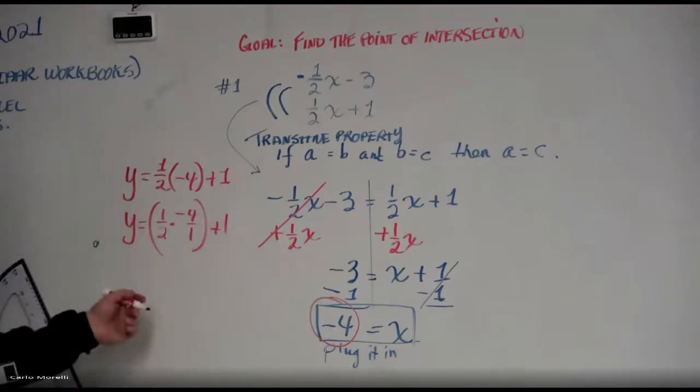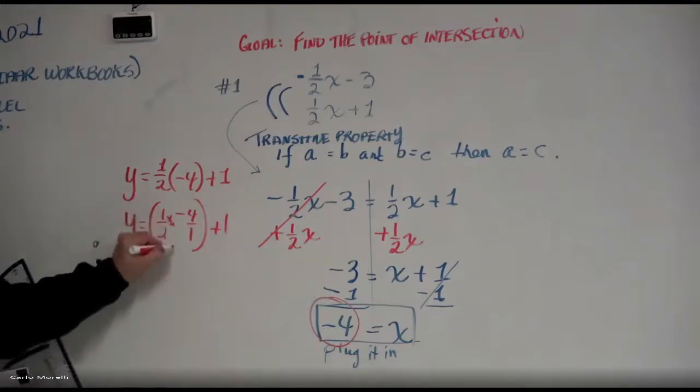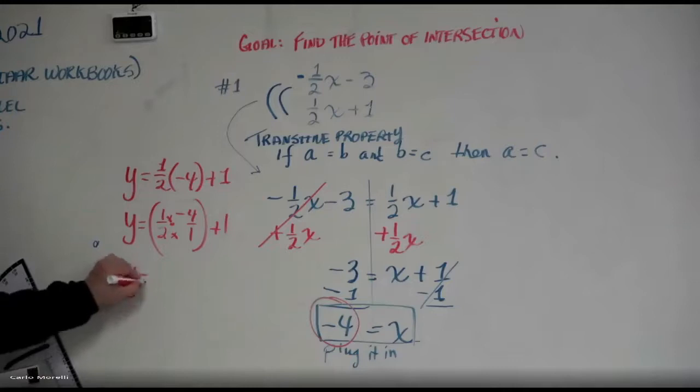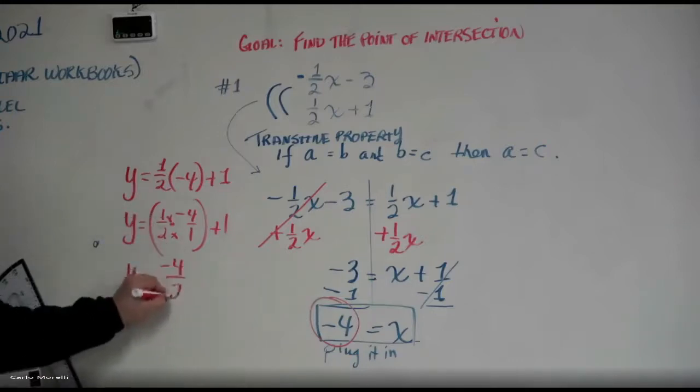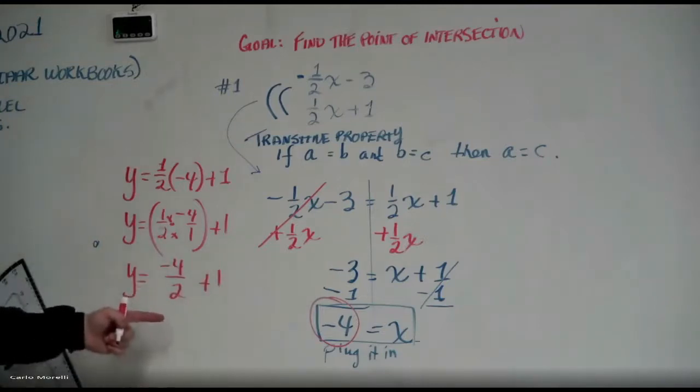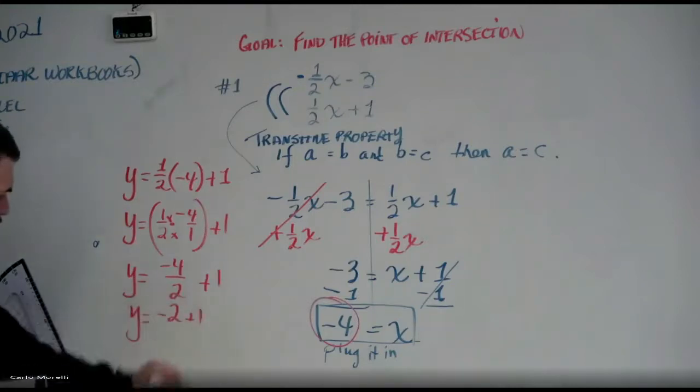Remember, when you're multiplying fractions, you multiply across the top, multiply across the bottom. So I've got y equals 1 times negative 4 is negative 4, 2 times 1 is 2, plus 1. Well, negative 4 divided by 2 is negative 2. So I have y equals negative 2 plus 1. Negative 2 plus 1 is negative 1, so y equals negative 1.